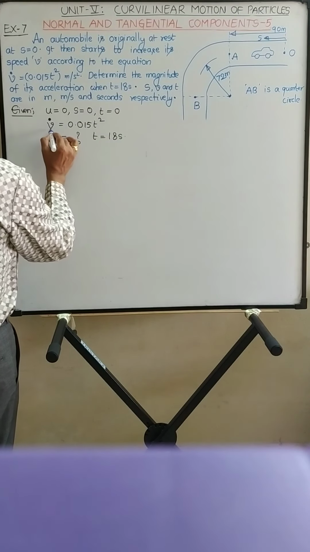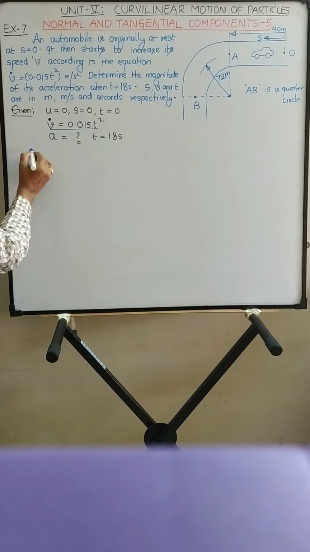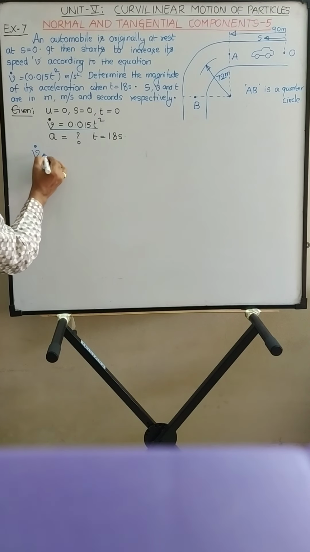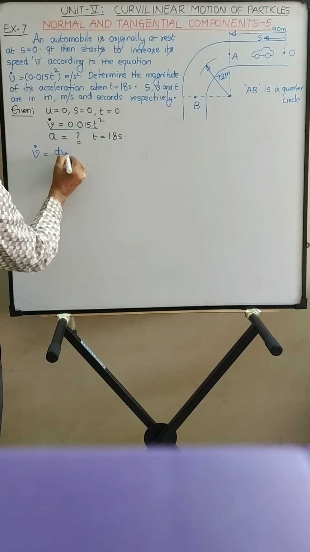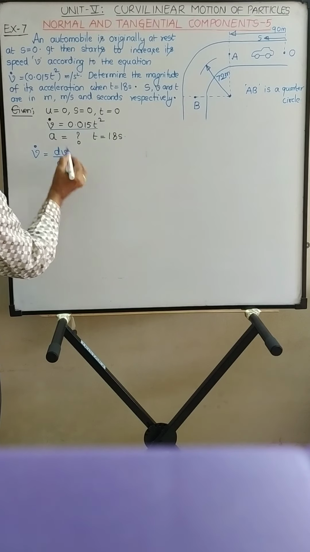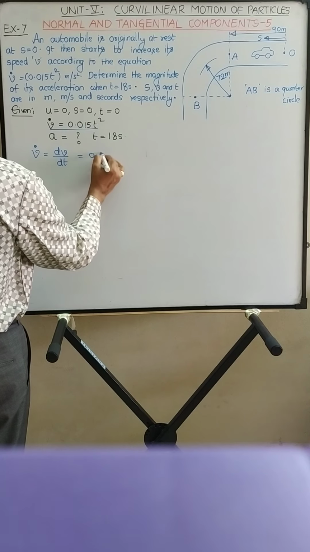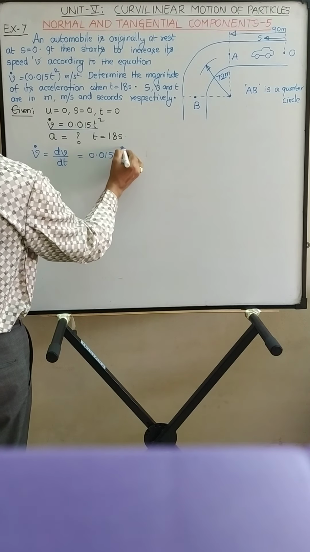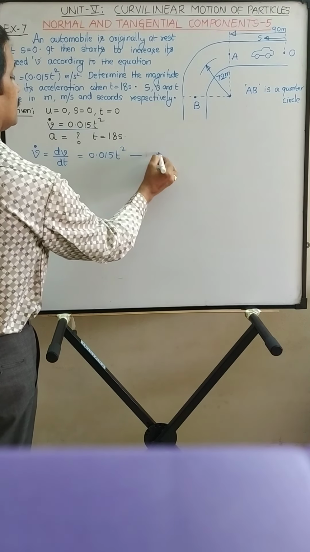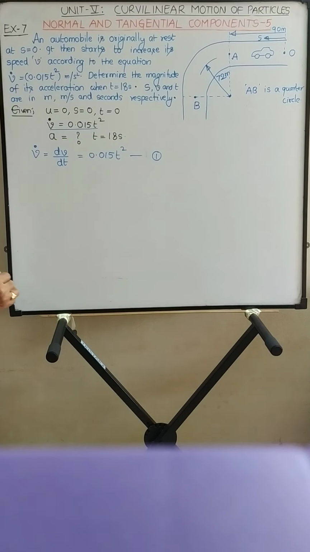So starting with the given equation, v dot is nothing but dv by dt, is equal to 0.015 t square. Say equation 1. This is also the tangential component of acceleration.